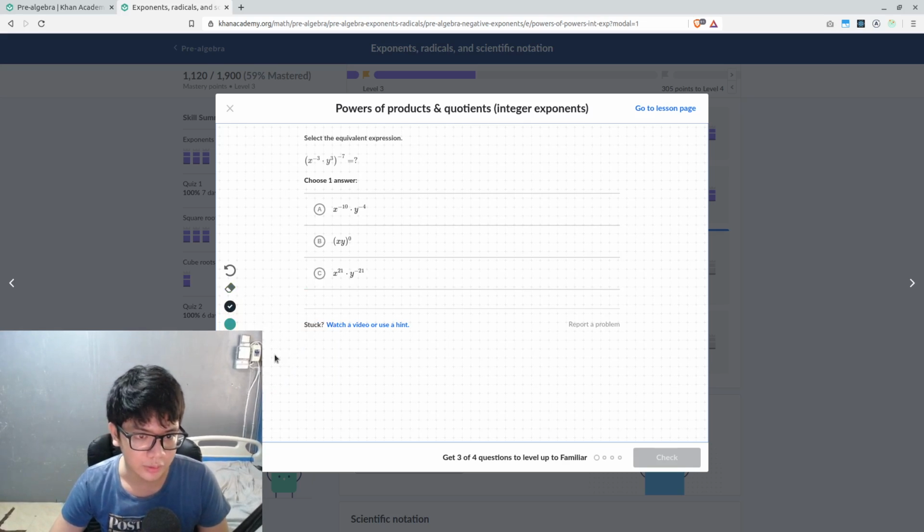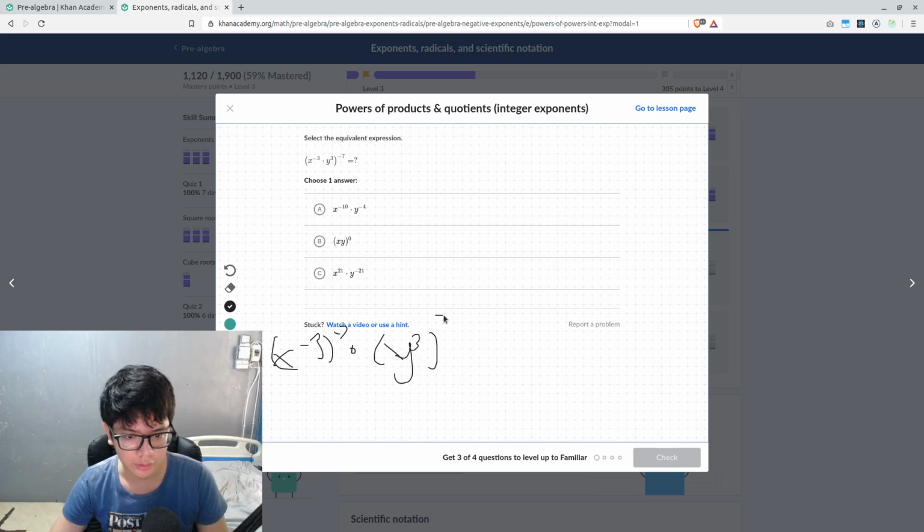Okay, let's see. Negative 3, negative 7 multiplied by y to the 7, which equals x raised to 21 times x raised to 21. Not really x, it's actually y.